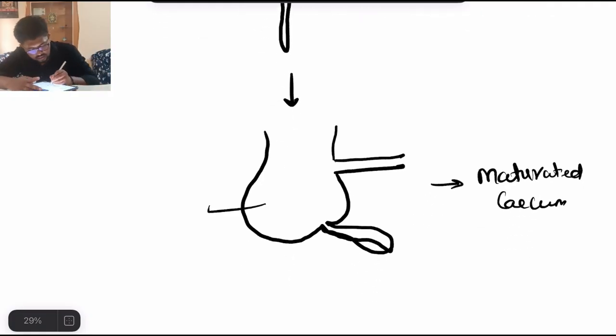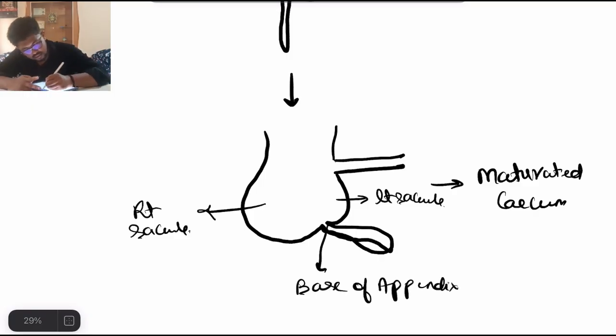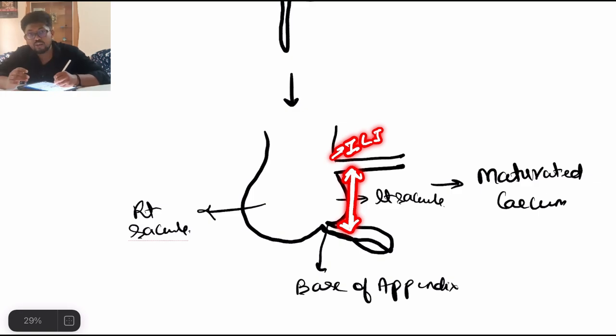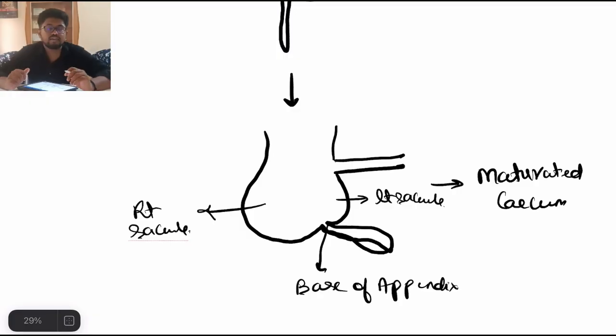This is the right saccule, this is the left saccule, and this is the base of the appendix, and this is the ileocecal junction. The base of the appendix and the ileocecal junction are at a distance of 2 to 3 centimeters from each other. So this is how the adult cecum formation occurs.